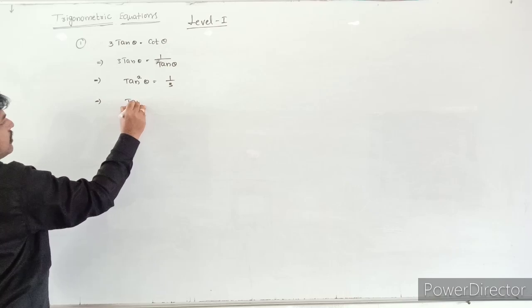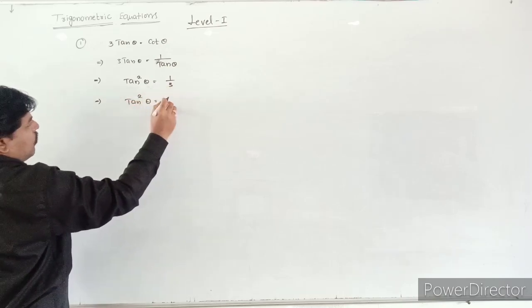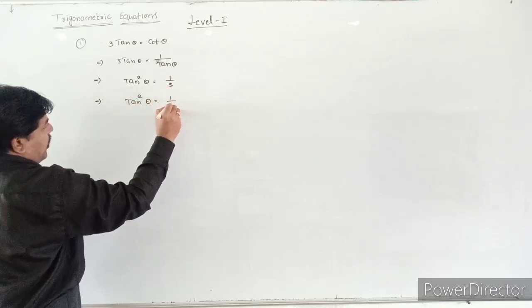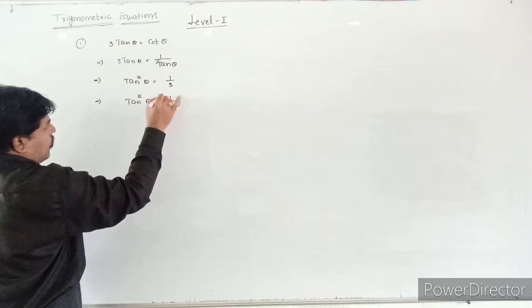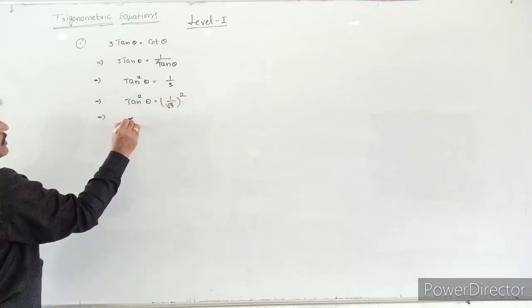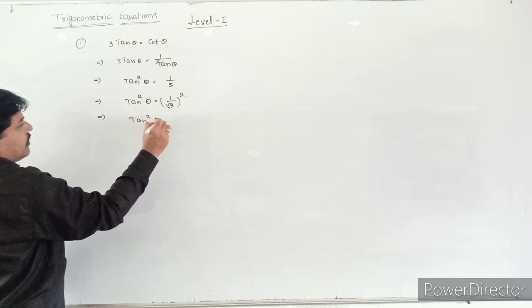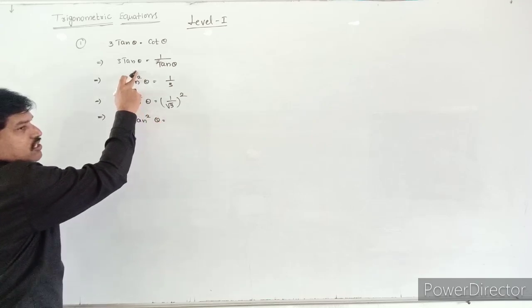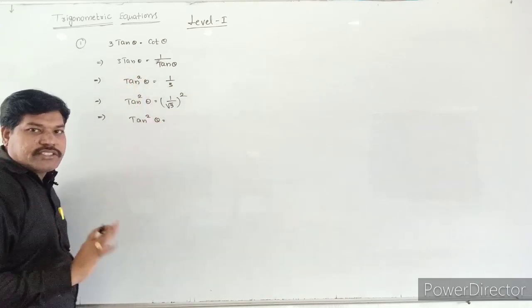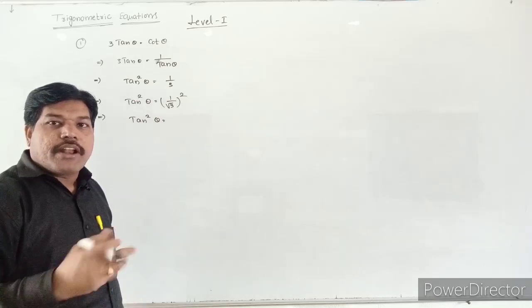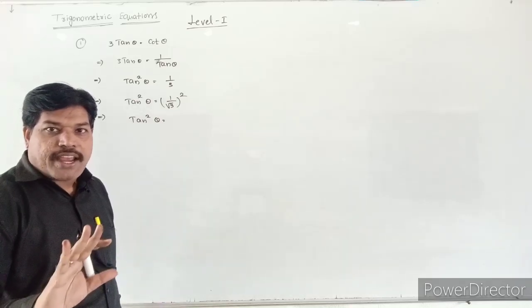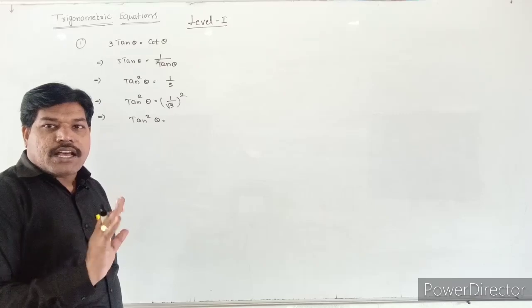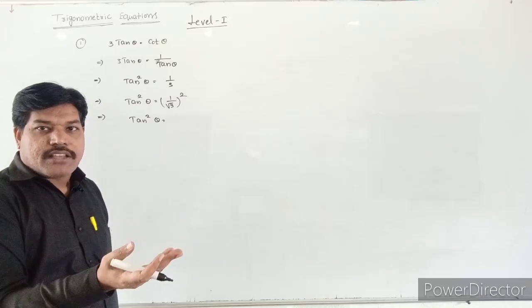So that implies tan square theta is equal to 1 by root 3 whole square. Don't remove the squares in trigonometric equations. Why? Because it will reduce the number of solutions. So don't cancel the square, and you should not take the root on the other side.